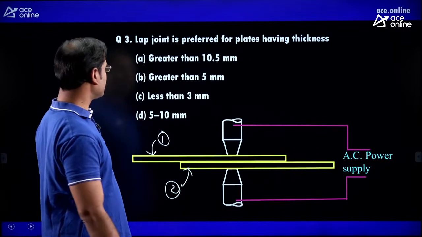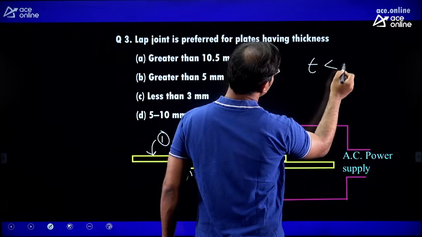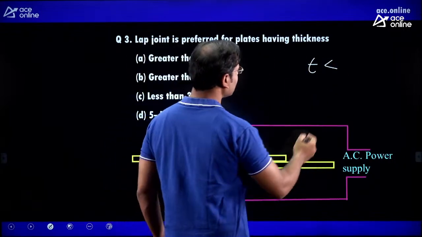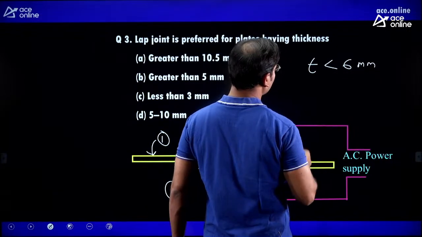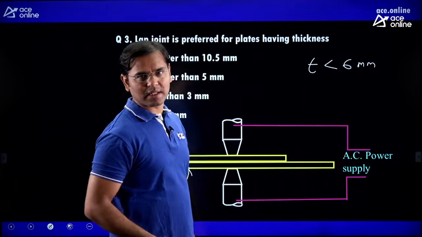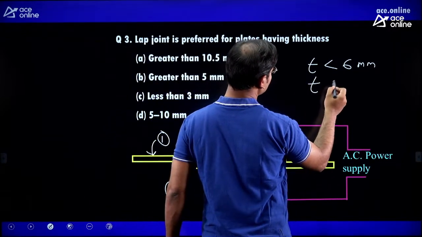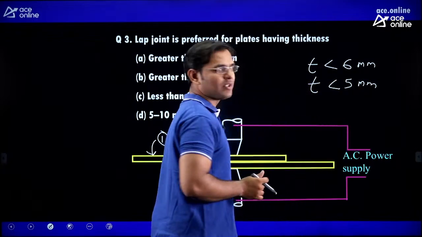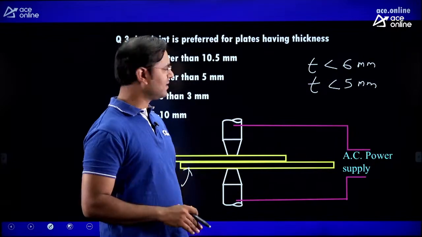What is the difference between plate and sheet? When the thickness is less than 6 millimeter, we say it is a sheet, and if the thickness is greater than 6 millimeter, it is a plate. But somewhere you can also see thickness less than 5 millimeter is known as sheet. Hence don't worry about it, either 6 or 5, you can consider anyone.